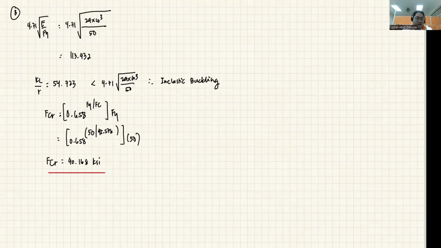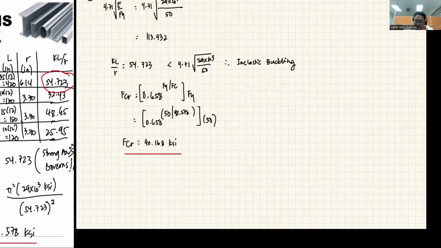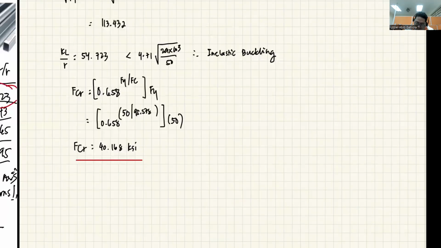The next thing now is to calculate for Pn agad, ano? So Pn na ang kasunod natin. So number 4 is to calculate for the capacity. So Pn is equals to Fcr times Ag.